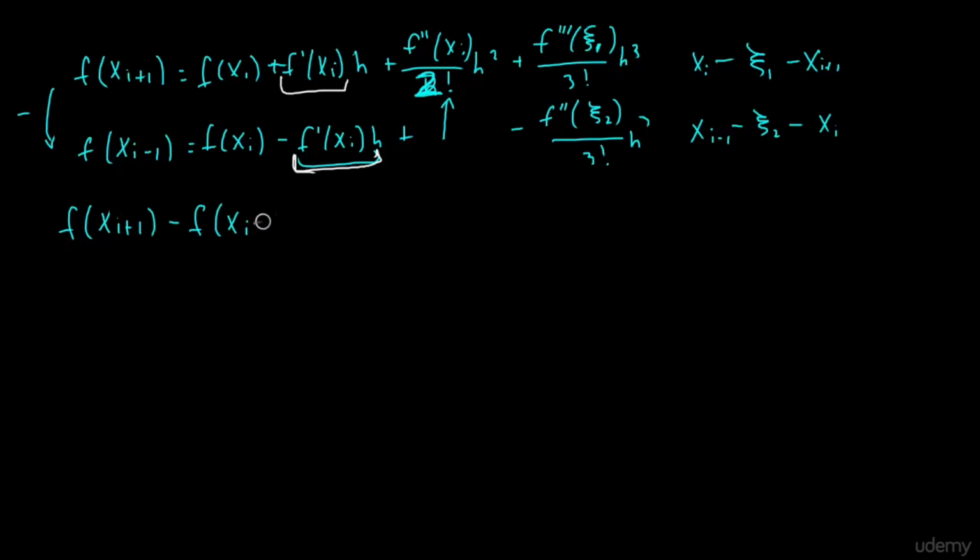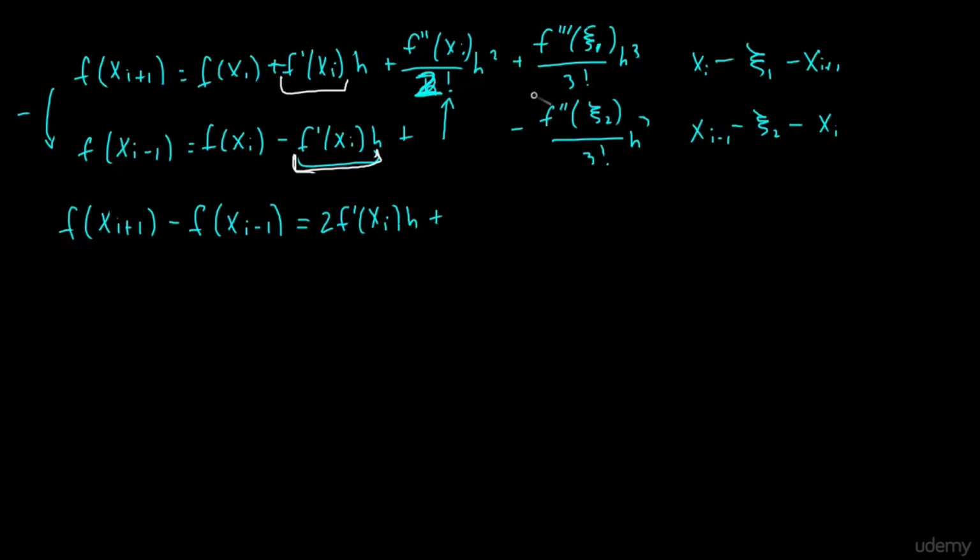Sorry, that minus 1 is actually an index, so it should be a bit lower, xi minus 1 here. And that's going to be basically f of xi minus f of xi. Those disappear. And then the first derivative, minus minus gives us plus, so that becomes 2 first derivatives at xi times h.